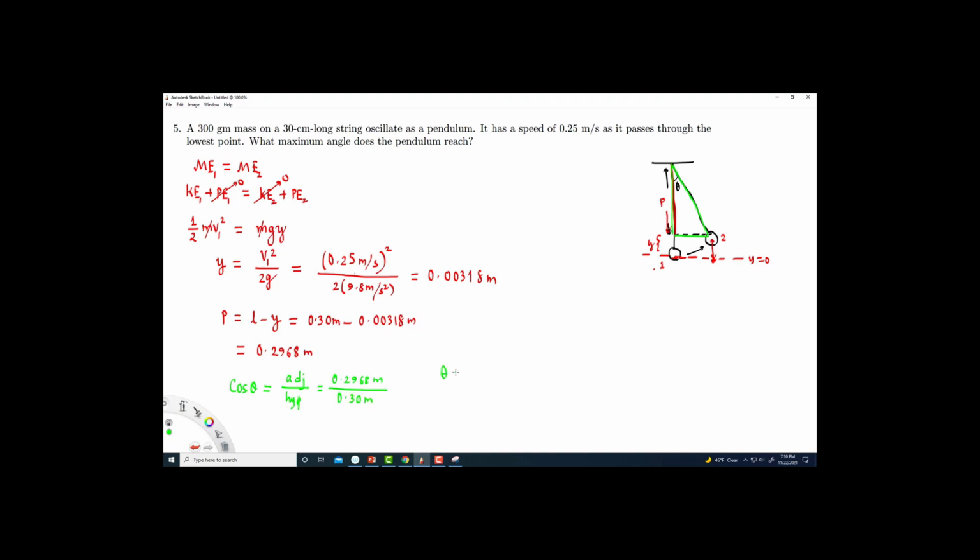So then theta would be cosine inverse of 0.2968 over 0.30. So let's find that. So that's 8.36 degrees. Okay, so that's the maximum angle of this pendulum.